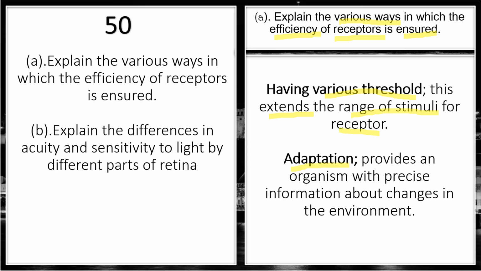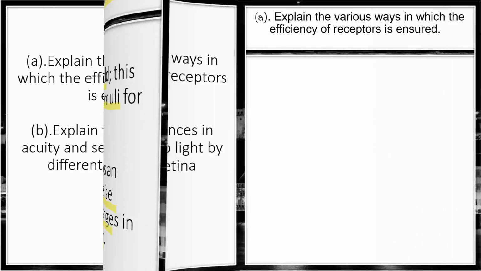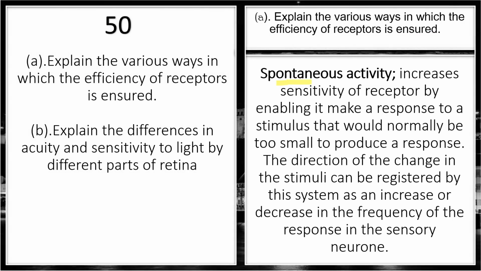Adaptation provides the organism with precise information about changes in the environment. Spontaneous activity increases sensitivity of the receptor by enabling it to make a response to a stimulus that would normally be too small to produce a response.